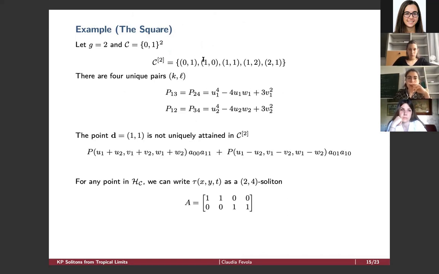So the elements uniquely attained will contribute with these 2 polynomials, while the polynomial corresponding to D will be the following. And any of these points can also be written as a 2-4 soliton. So it can also be described in terms of the corresponding point in the Grassmannian. In this case, this is a point in the Grassmannian 2-4, and in particular it is given by this matrix.